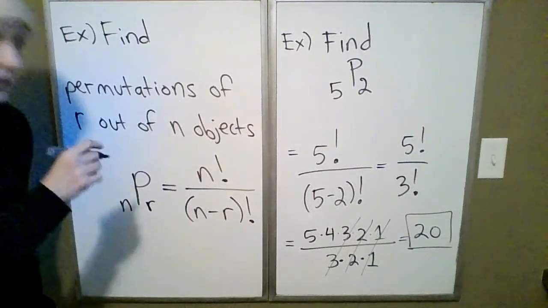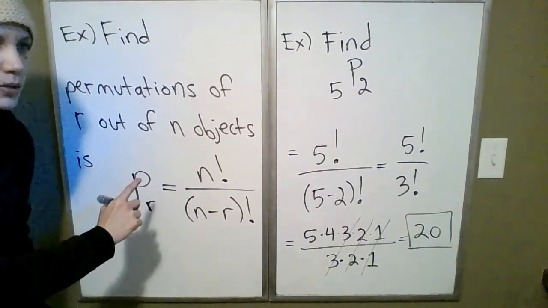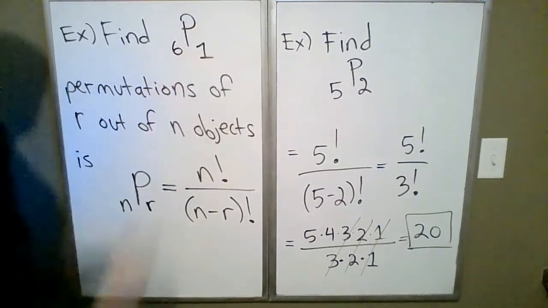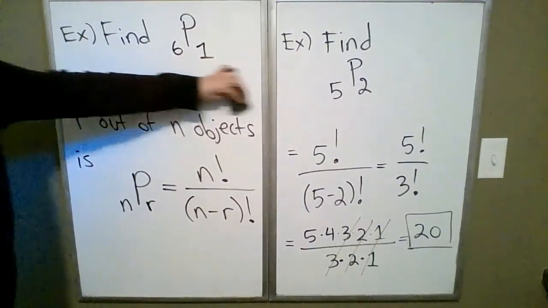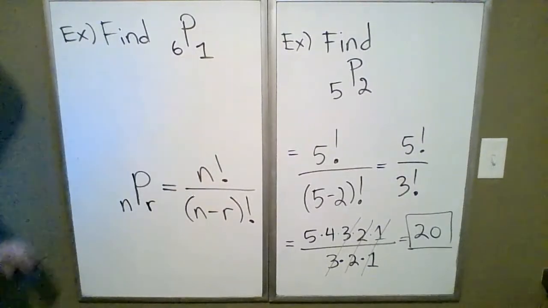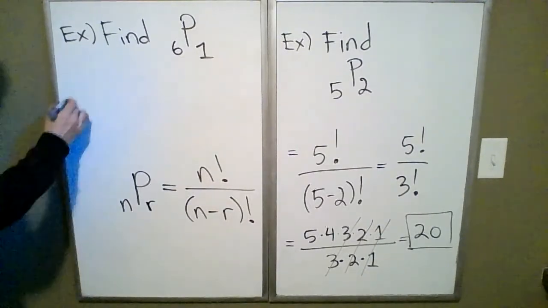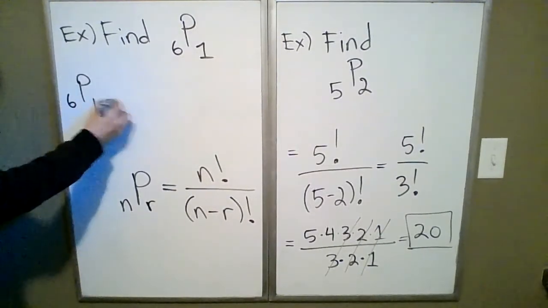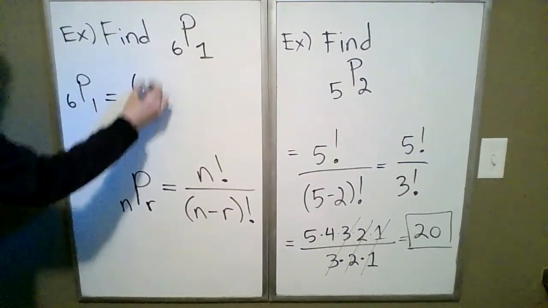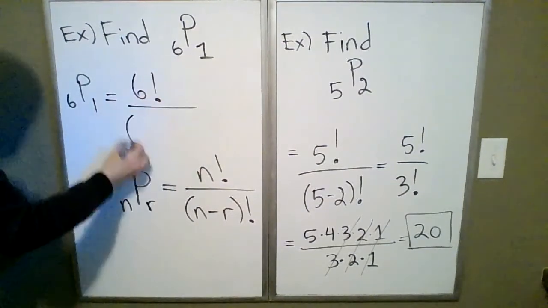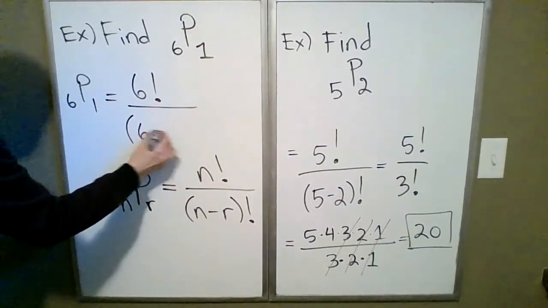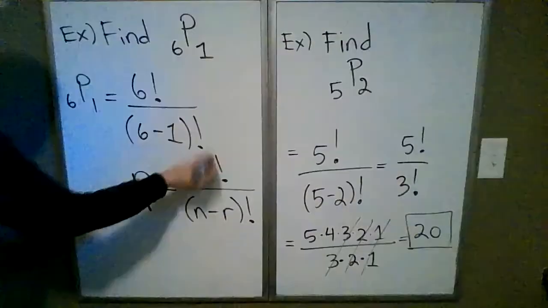Find 6 permute 1. Six permute 1 would be, this goes into the top, 6 factorial, divided by the 6 right here, and then subtract that 1. It's got a factorial on the outside.